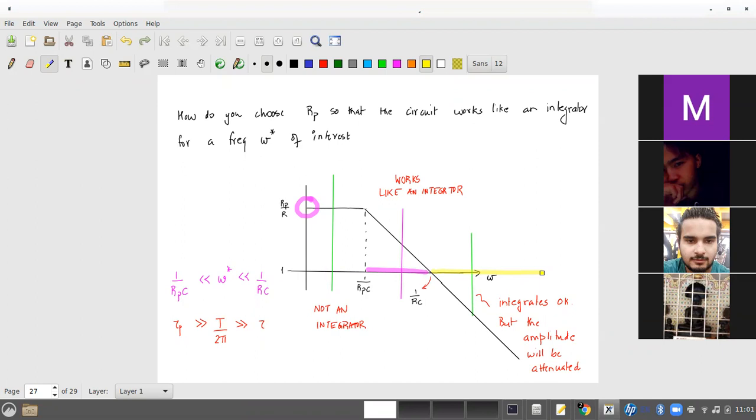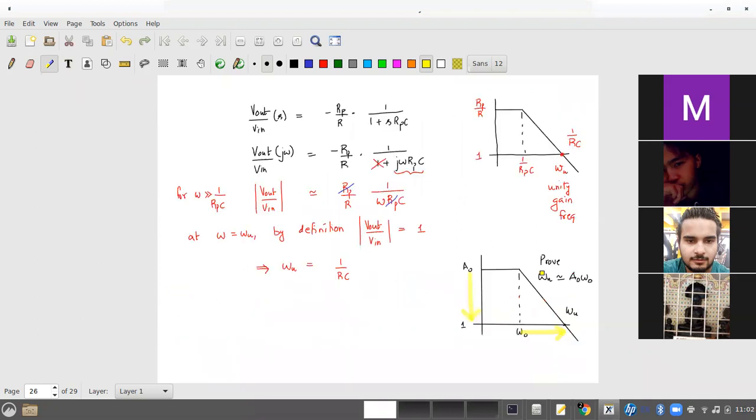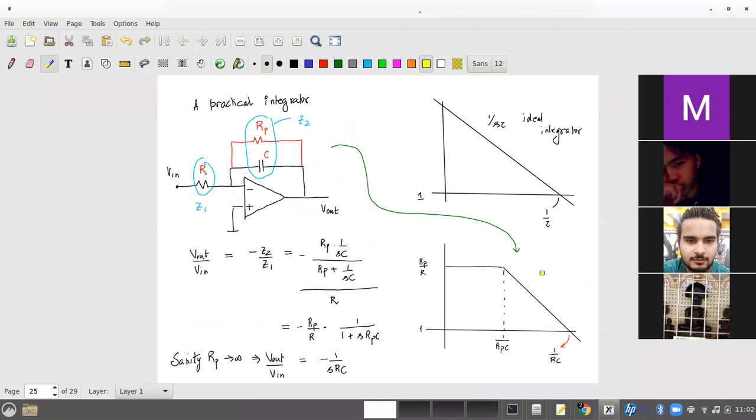That's good. So this kind of response, what kind of filter does it remind you of? It's a low pass filter, right? So this practical integrator is also a realization of a first order low pass filter. The important thing is depending on what frequency you are working at.